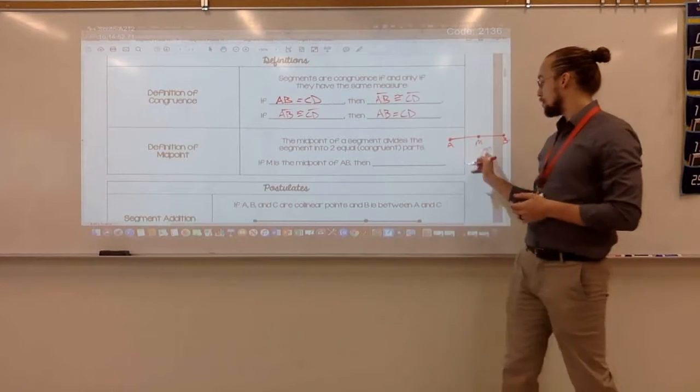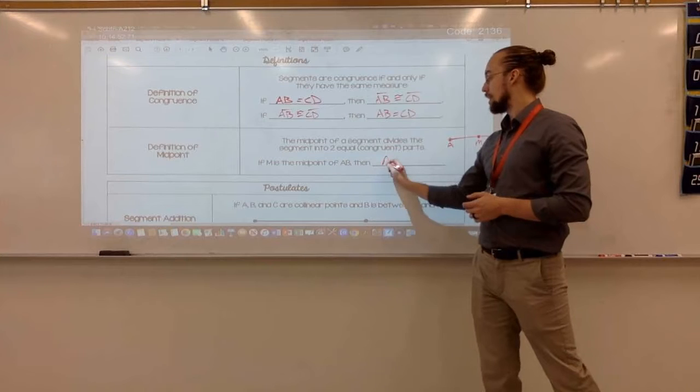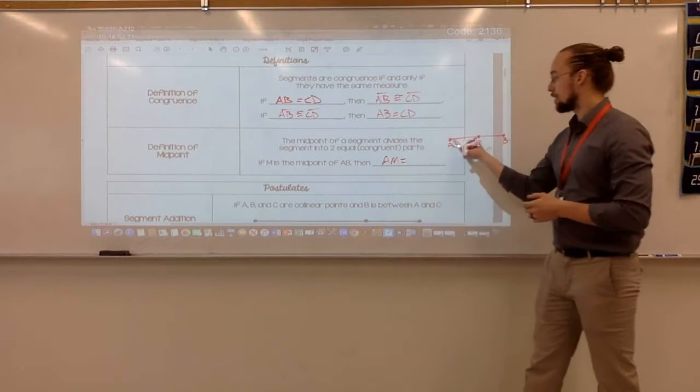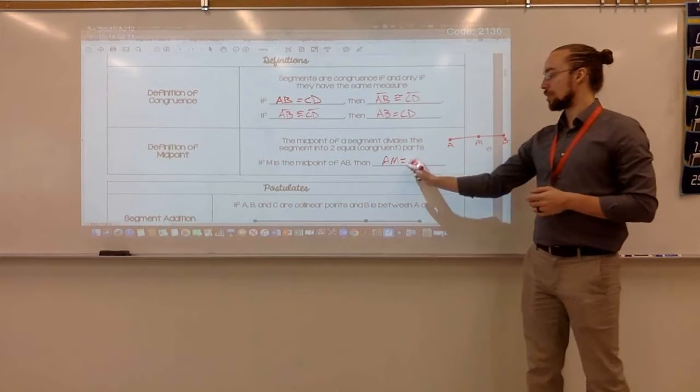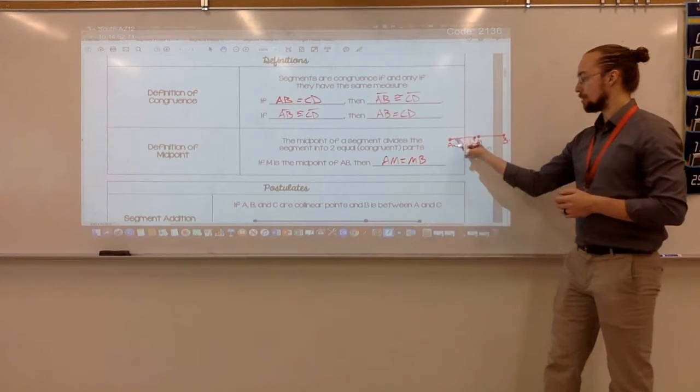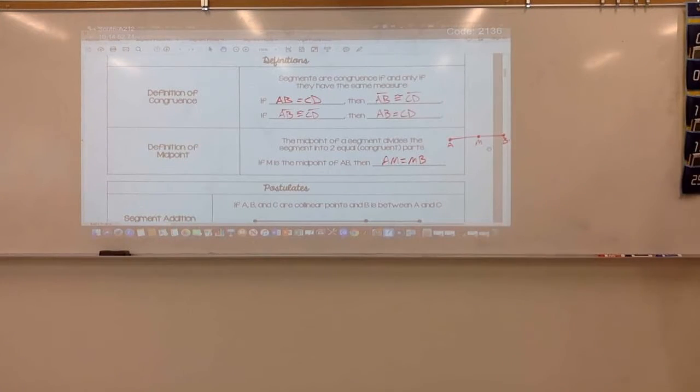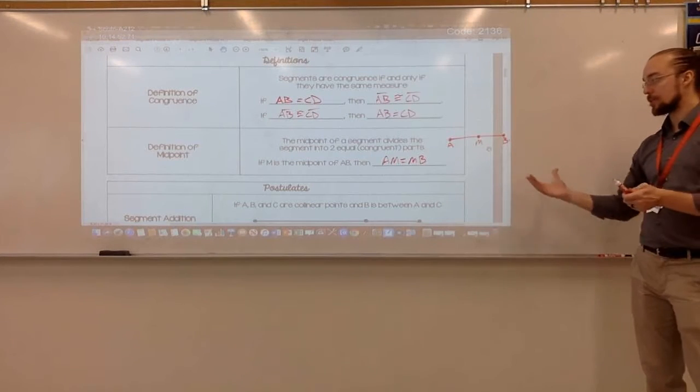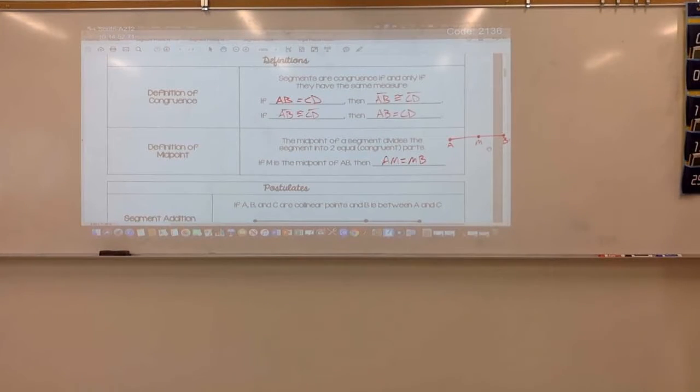So if I know M is the midpoint of AB, then I can say that the length of AM is equal to the length of MB. These two smaller segments would have the same length. We talked about that a little bit when we talked about midpoint in the first chapter.